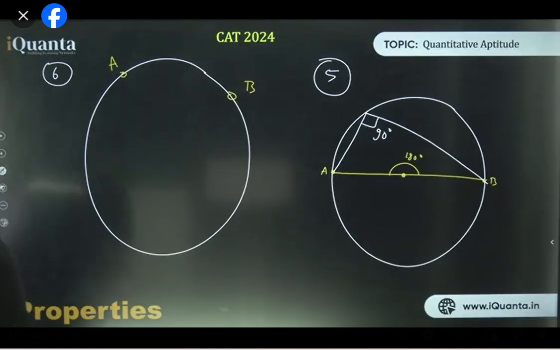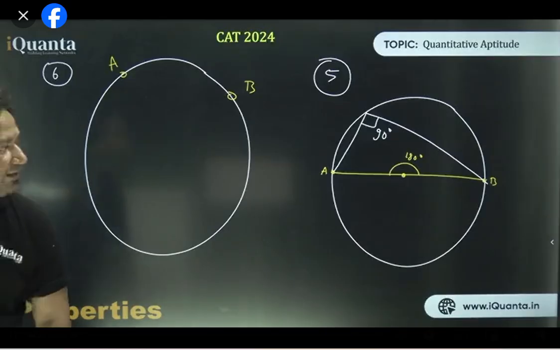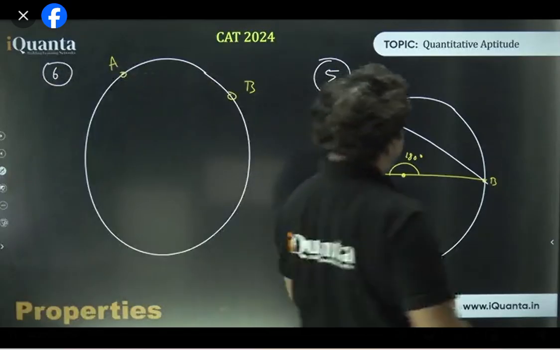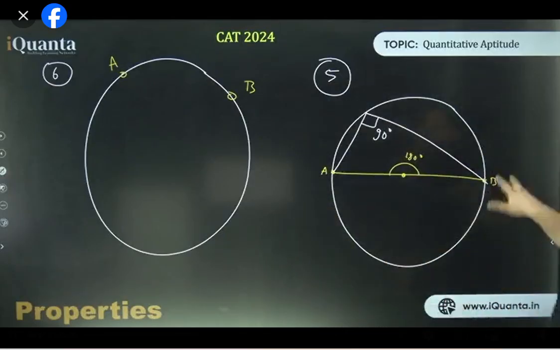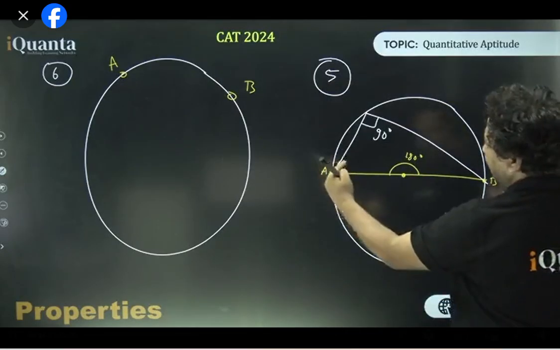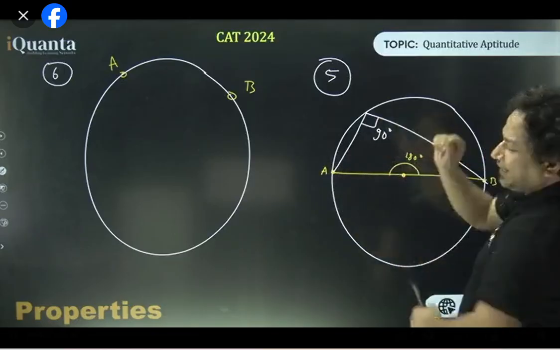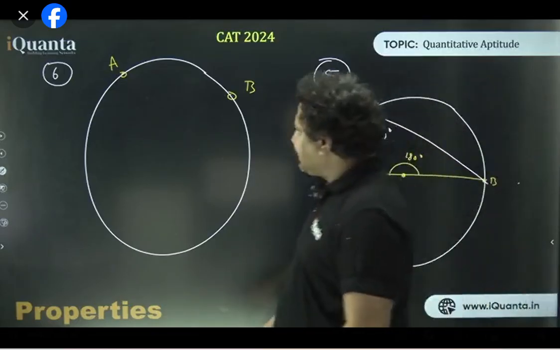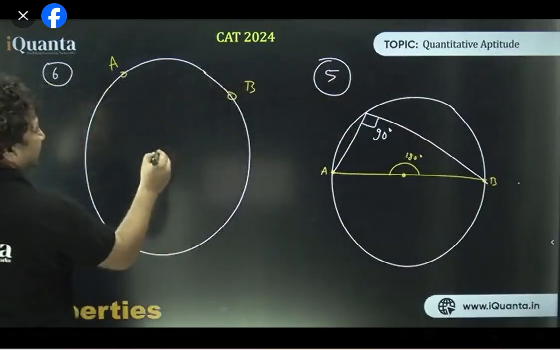Okay? It's always 90. So can you see a pattern over here? This chord AB, diameter or the arc, is subtending an angle of 180 on the center and 90 on the circumference. Can I say this is center?